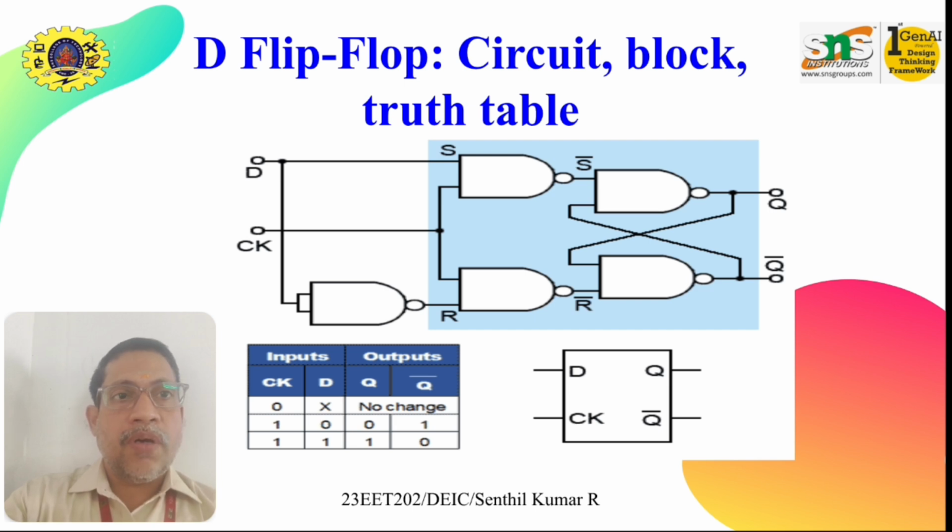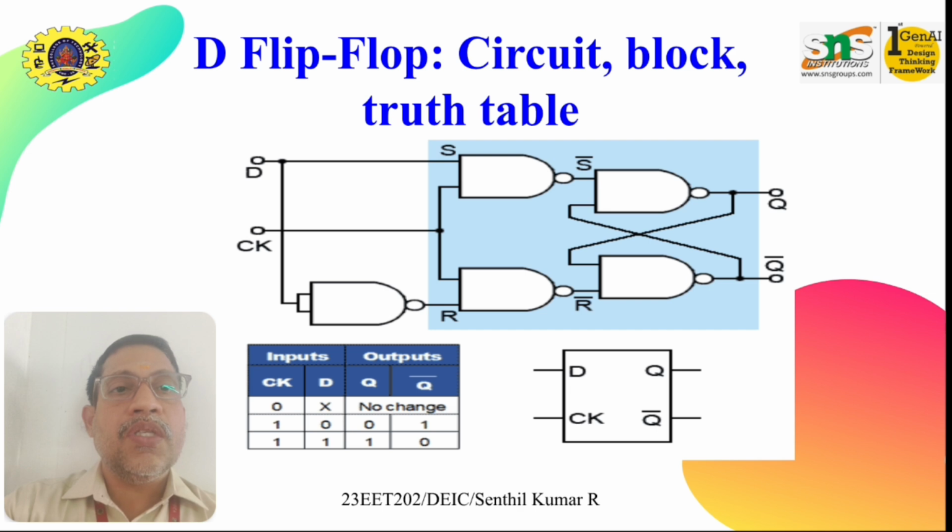It consists of 4 NAND gates for the SR flip-flop, and another NAND gate acting as a NOT gate is connected, and D stands for delay or data. Since the clock pulse is also given, when the clock is 0, as per the previous discussion, it is in the disabled condition, and when the clock is 1, it is enabled.